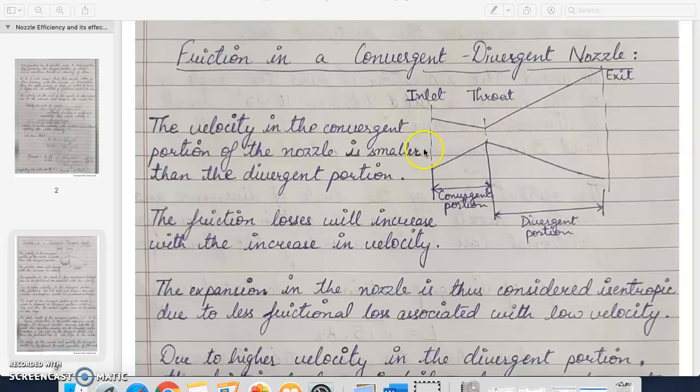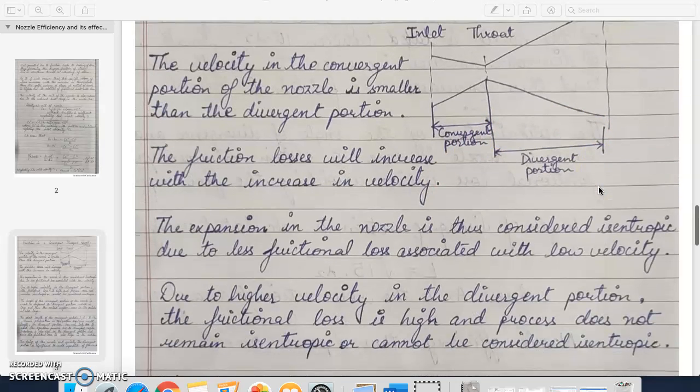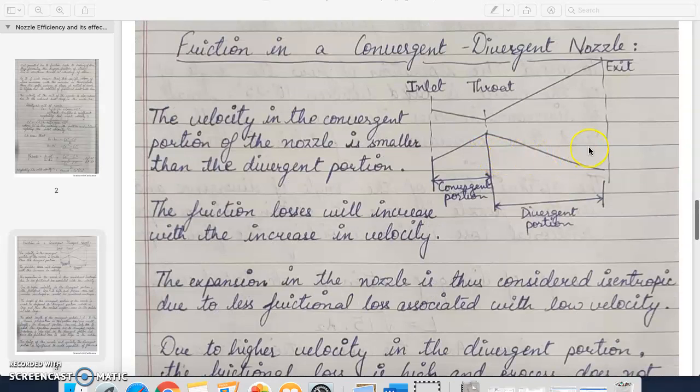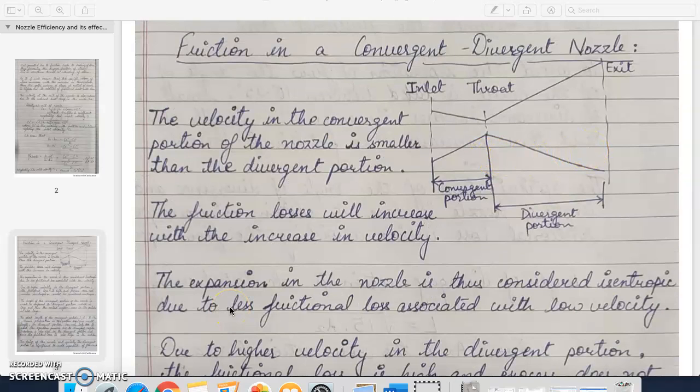Hence the process in the convergent portion can be taken as isentropic, or we can say that friction in this section can be neglected. But the friction in the divergent section cannot be neglected as it will be higher, and hence it has to be considered, and the process will not be considered isentropic in this region.